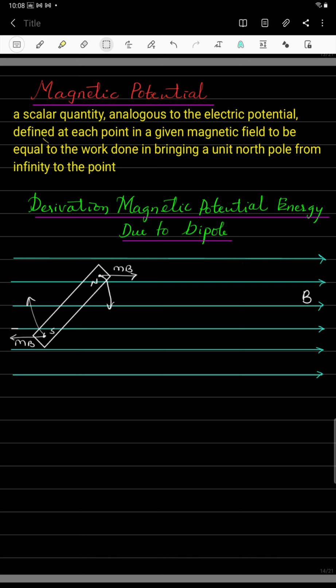Therefore we can define the magnetic potential at each point in a given magnetic field as equal to the work done in bringing a unit north pole from infinity to the point. So that is called the magnetic potential. How it is, we'll see now here.